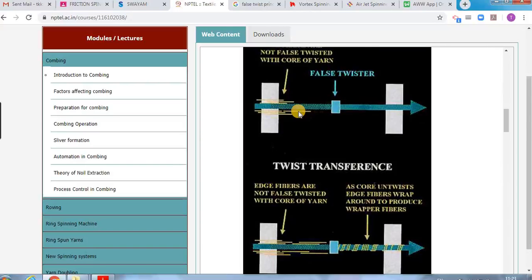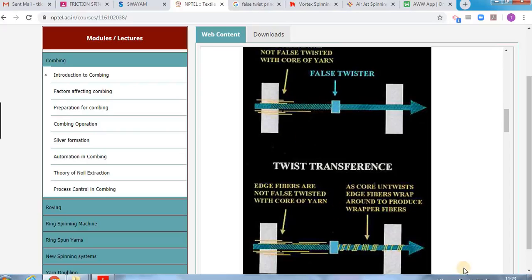We have already seen in ring spinning, at the spinning triangle, the edge fibers will escape the twist. So I am going to exploit this concept in making a yarn using the false twist principle. So I am generating more edge fibers here. That is the basic concept. These edge fibers will not get any twist during section A.